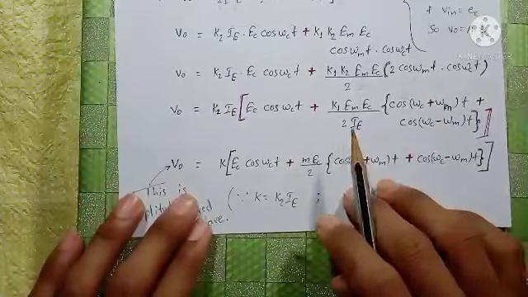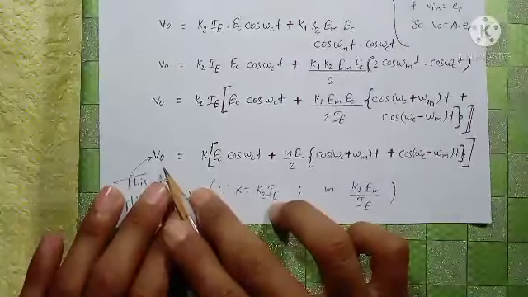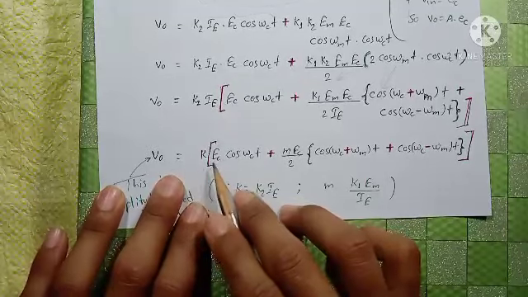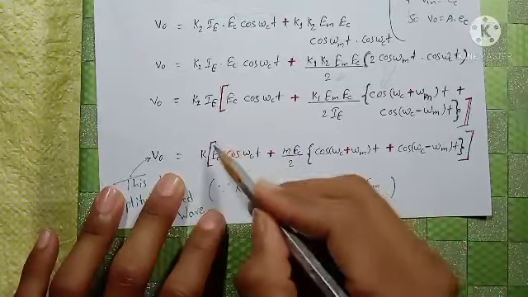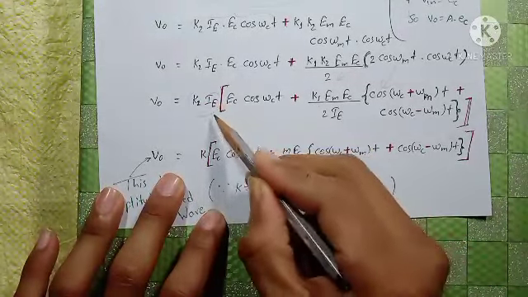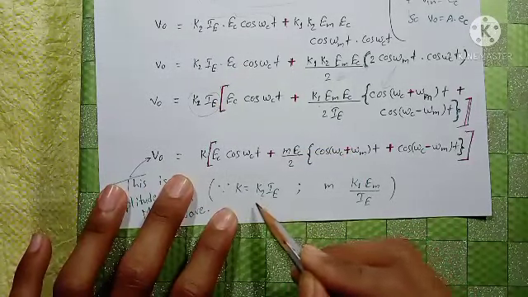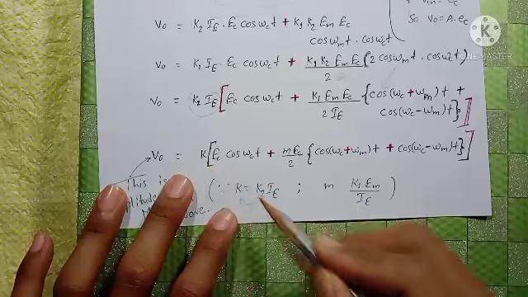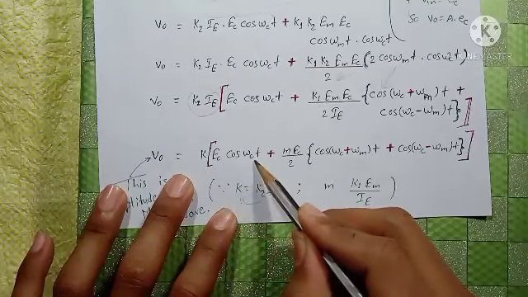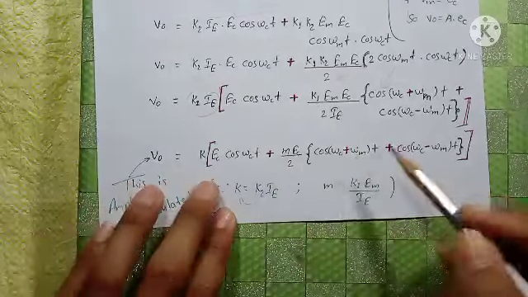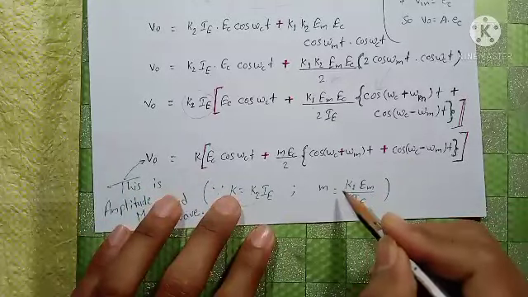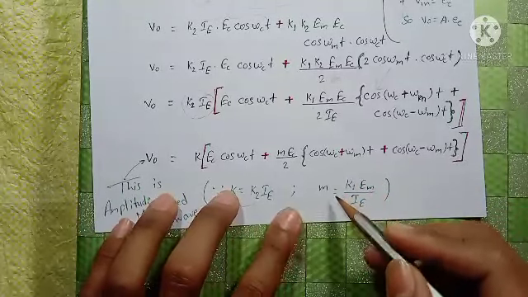So we write V output is equal to K, where K2 into IE is equal to K. So we write K into EC cos omega c t plus m EC divided by 2, in bracket cos(omega c plus omega m)t plus cos(omega c minus omega m)t.